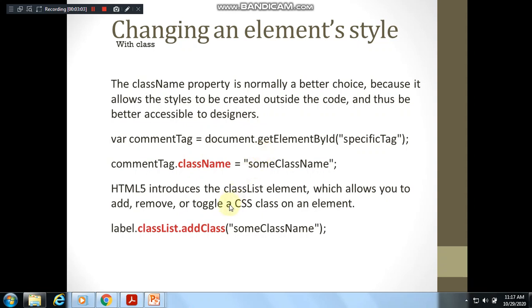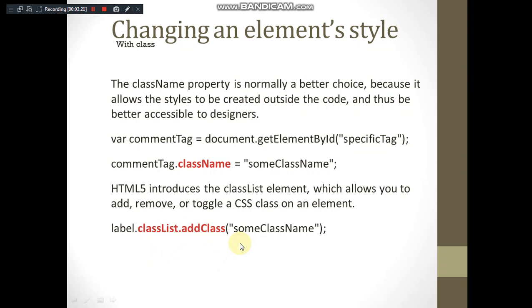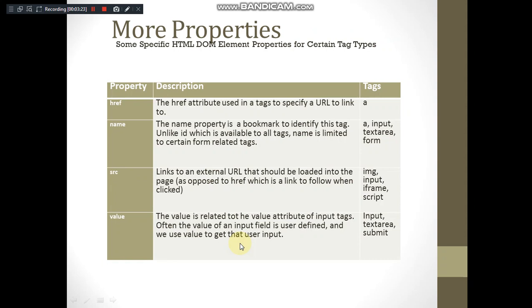Then using that, it introduces a classList element which allows you to add, remove or toggle a CSS class on an element. So label.classList.add adds a class, and you can remove a class as well.